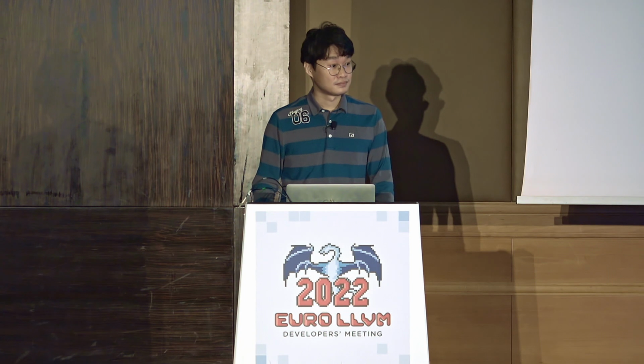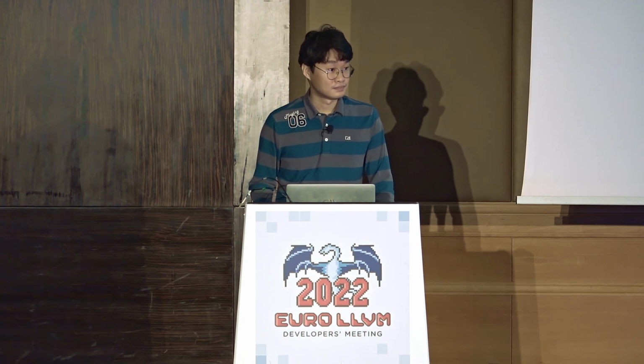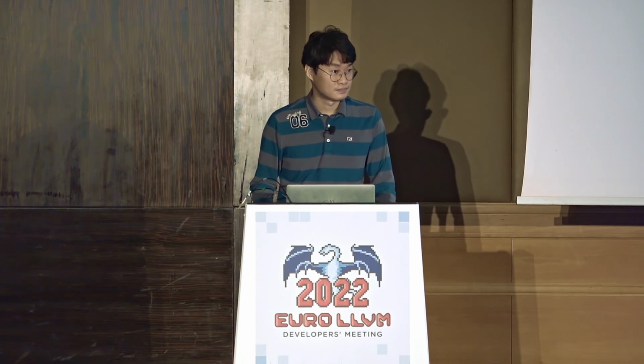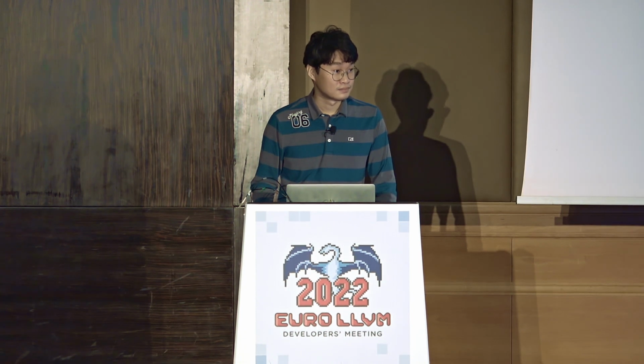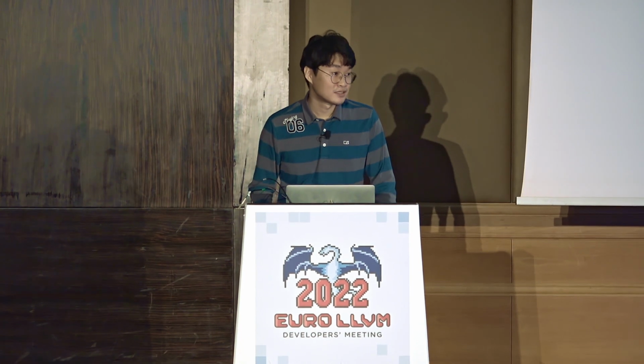Yes, that leads to my second question. I followed up to the Linalg, but I didn't catch the part where you are lowering it to get the results that you showed. Could you talk briefly about how you lowered from the higher level MLIR dialect to actually getting executable code? Sorry, maybe I did not understand.